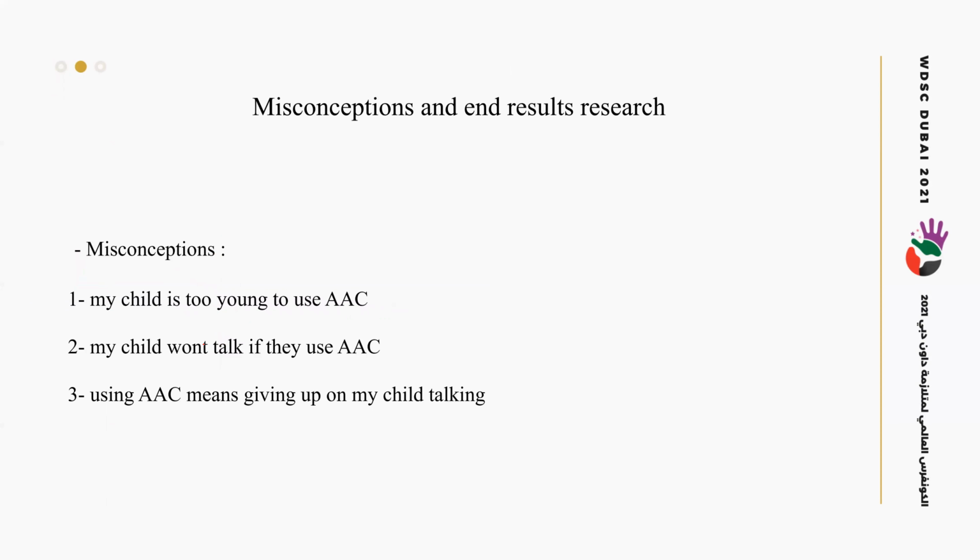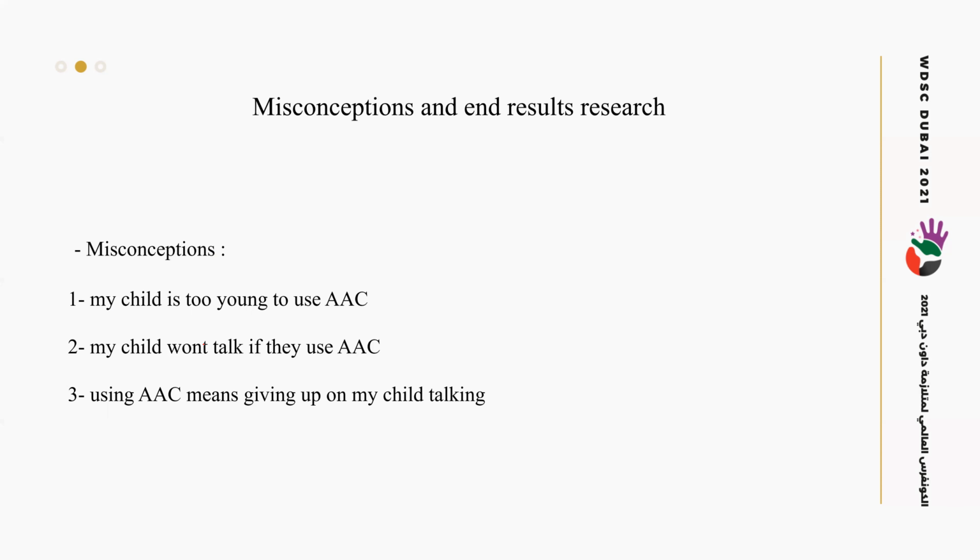There are many misconceptions. Some parents or teachers refuse to use assistive technology and AAC with the student, saying my child is too young to use AAC, or my child won't talk if they are using AAC, or using AAC means giving up on my child talking.